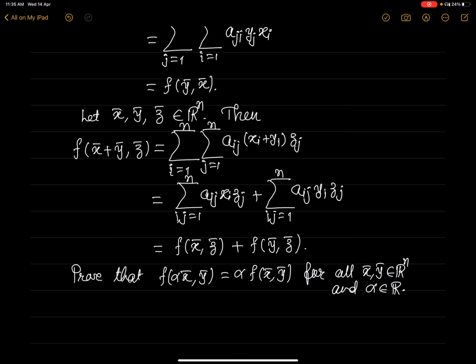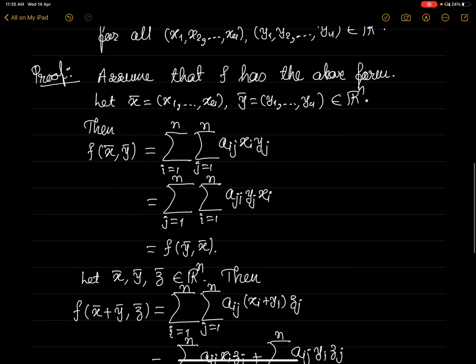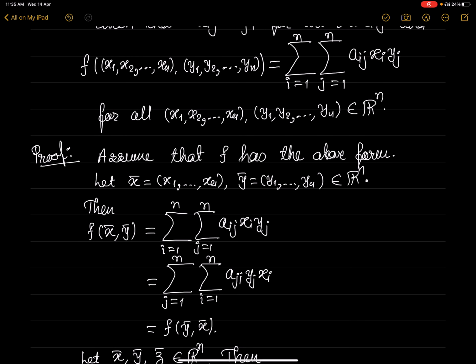Right. So if f has the given form, with the condition that aij is aji for all i, j, then we have shown that f is a bilinear map.